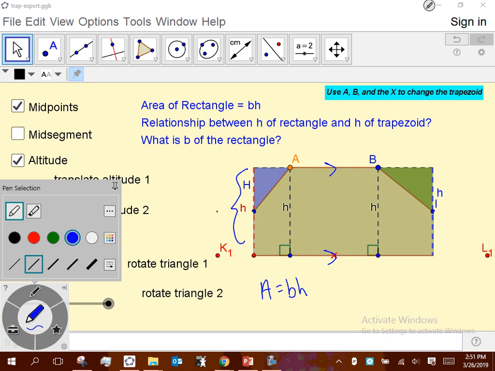Now B would be this distance here, or that distance there. Does that make sense to everybody? Now for my trapezoid, I don't know what those were. Okay? I do not know what those were. But what can you tell me a relationship about that altitude right there and that altitude right there? They're the same. And what'd you say?